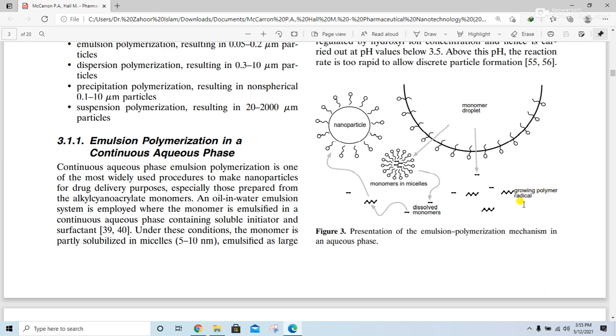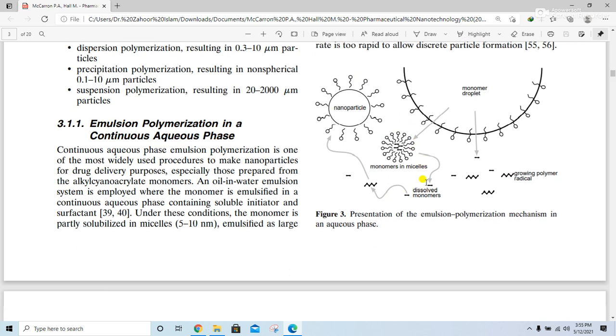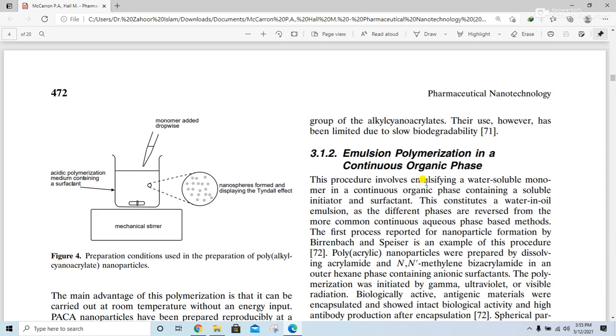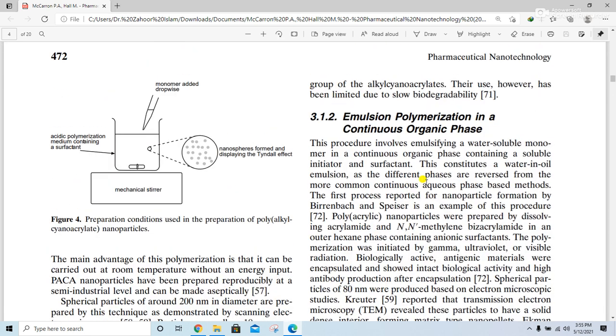And these are the growing polymer radicals, and this one is the dissolved monomers. Look at this shape. These are the monomers in micelles, which form a network-like structure.